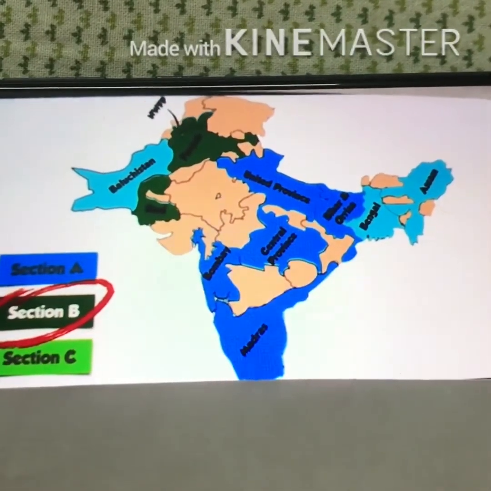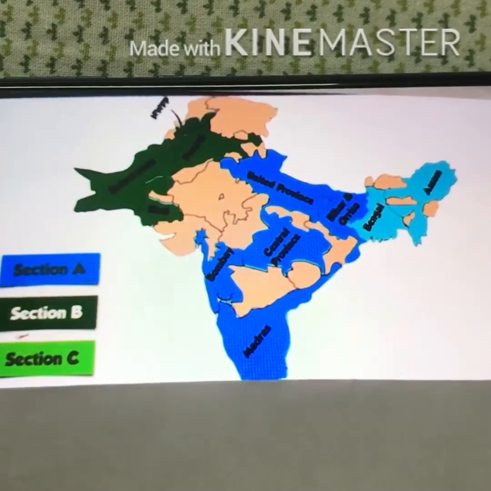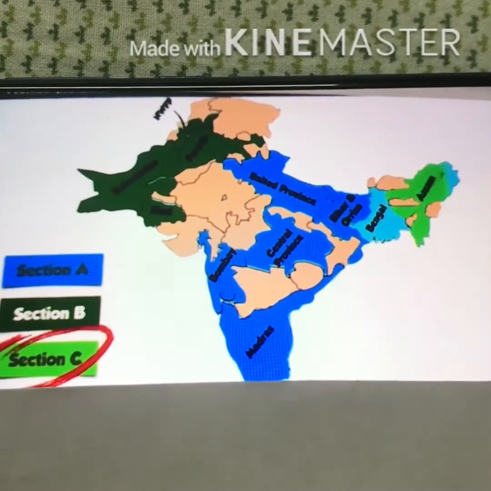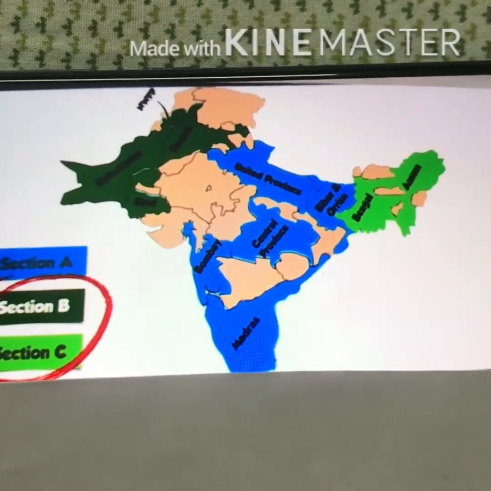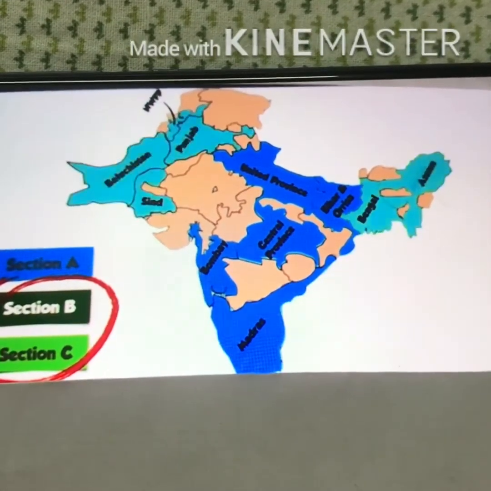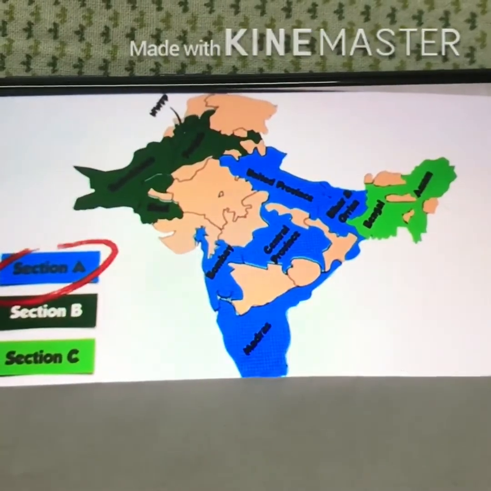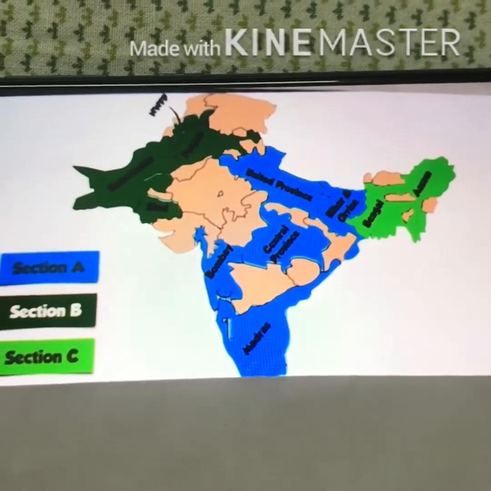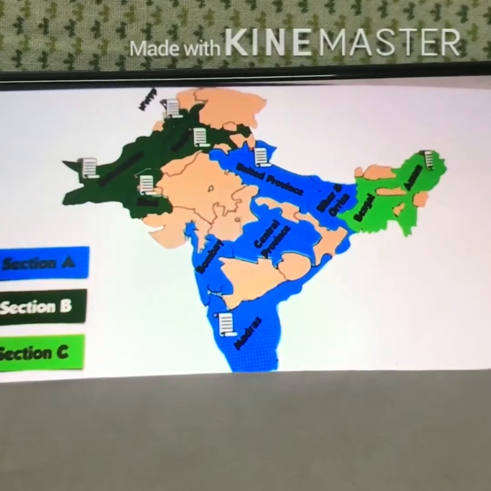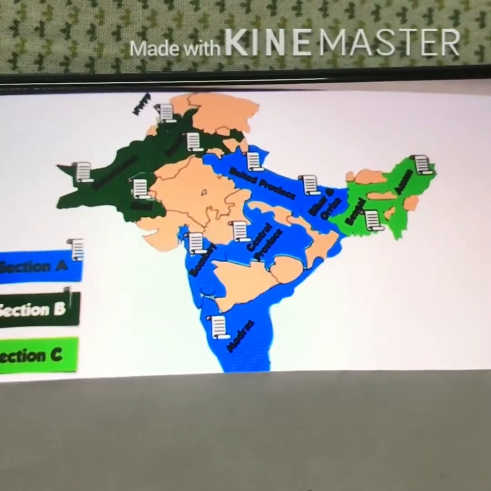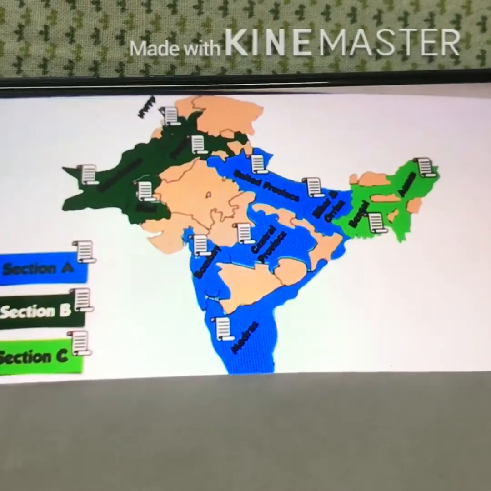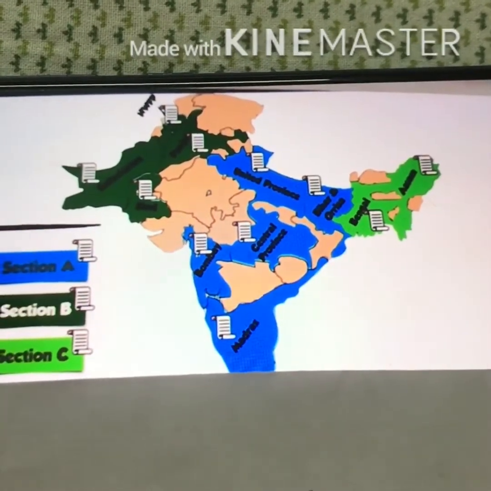There were mainly three groups. Group A: Bombay, UP, Bihar, MP and Orissa. Group B: Punjab, Northwest Frontier Province, Sindh. And Group C had Bengal and Assam. These provincial groups, after 5 years, were free to change their provincial grouping.